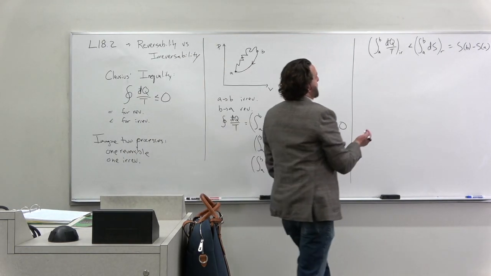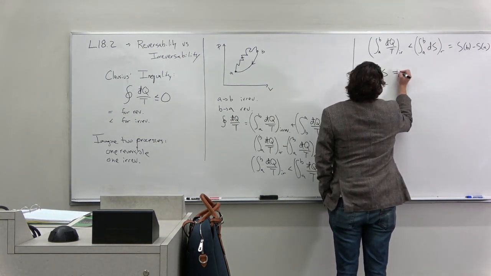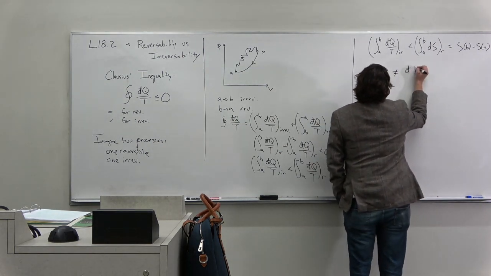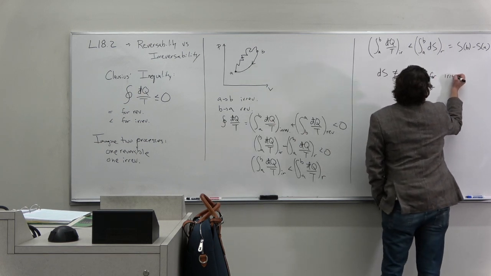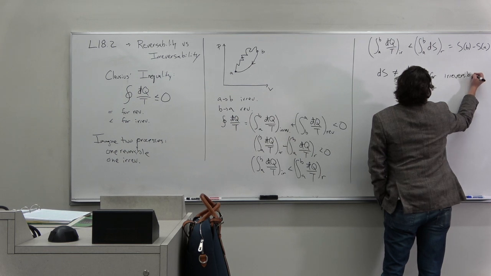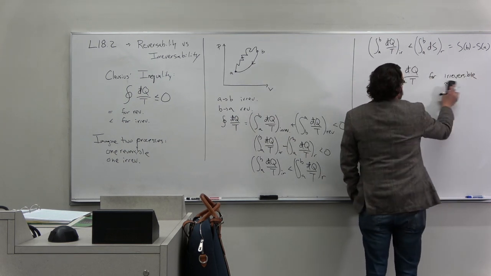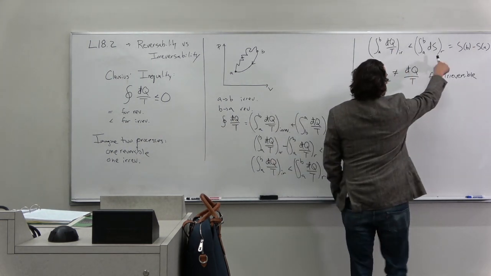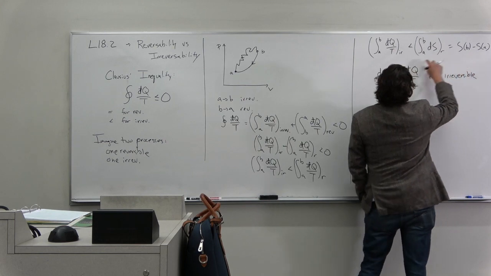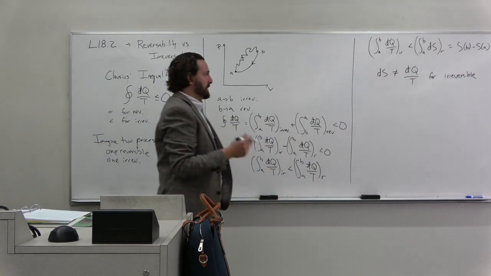Or we can really say that dS is not equal to dq over T for an irreversible path or process. Right? This was dS. This was our delta S, right? And so you can see that this is not true.